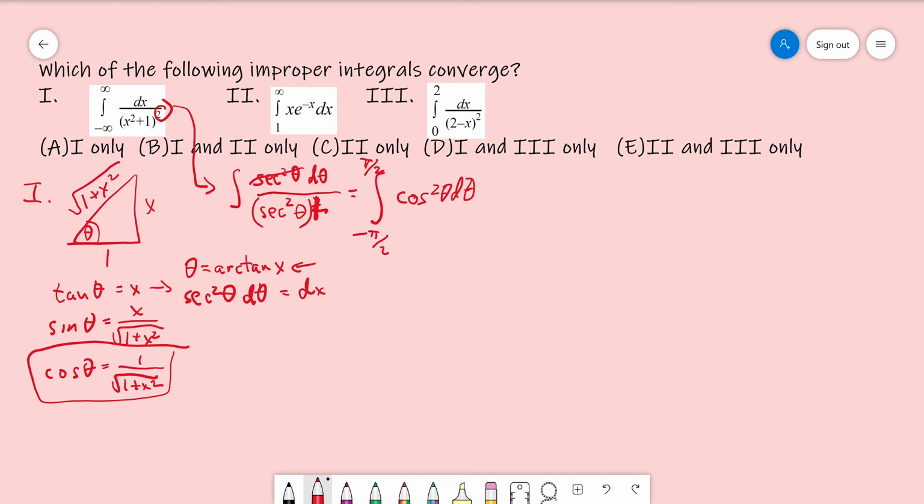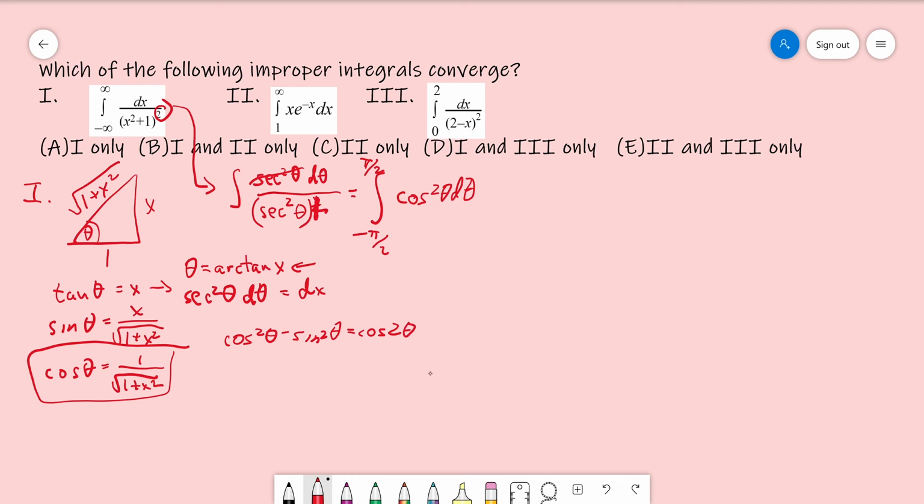Okay, so now we have to integrate cosine squared. And the trick here is to use our double angle identities. I'll just remind you what they are. We know that cosine squared theta minus sine squared theta is equal to cosine of 2 theta. And we also know that sine squared is 1 minus cosine squared.